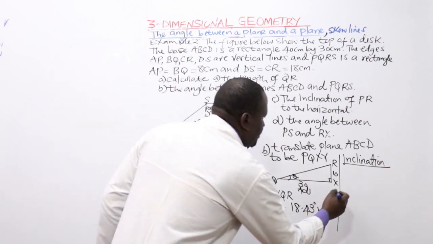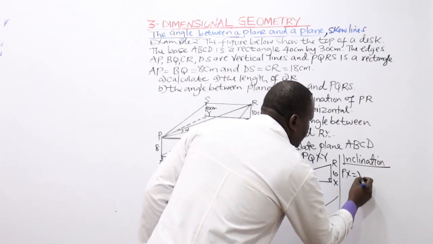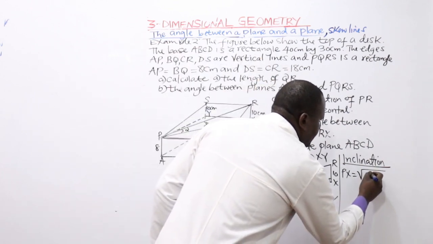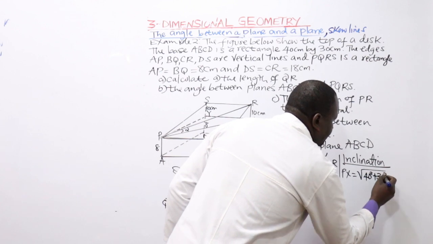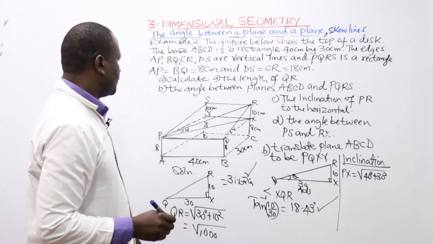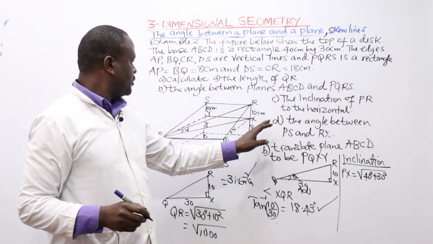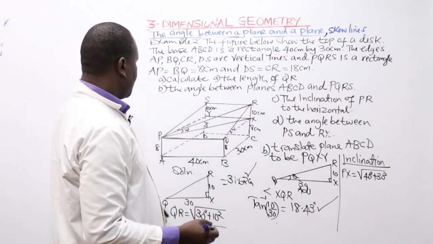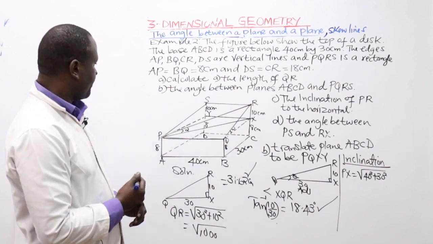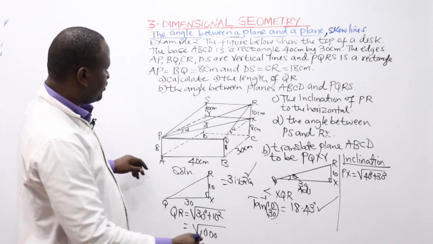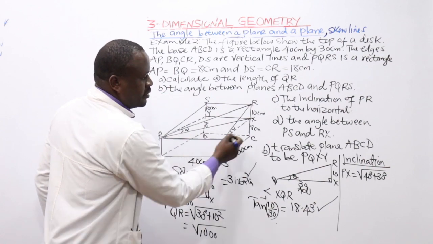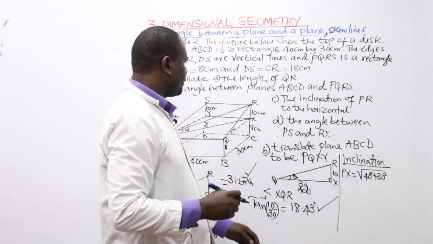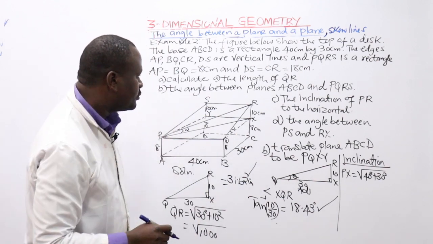PX will be the square root of 40 squared plus 30 squared. Once you have PX, you have RX as 10, then you use tan inverse. You use the tan inverse because this is the adjacent, this is the opposite. So you can get that angle.